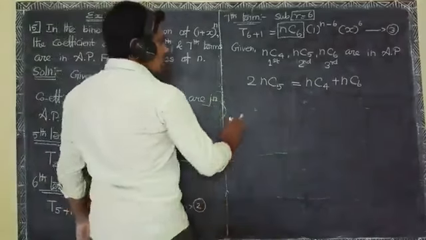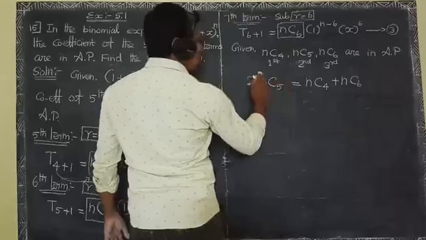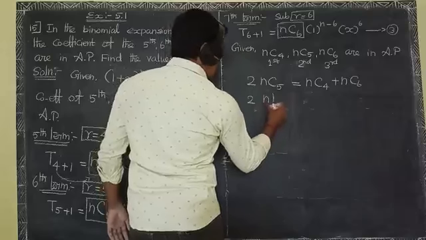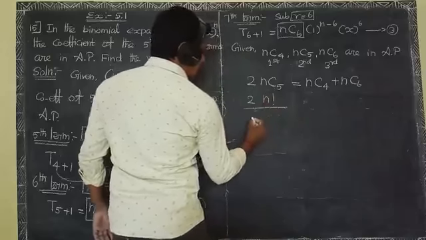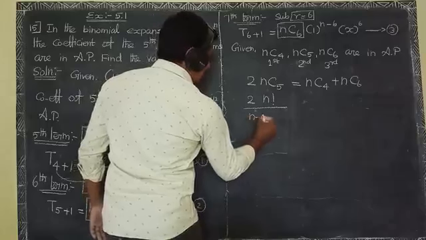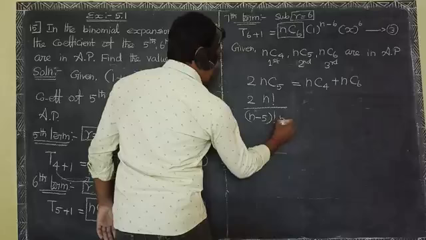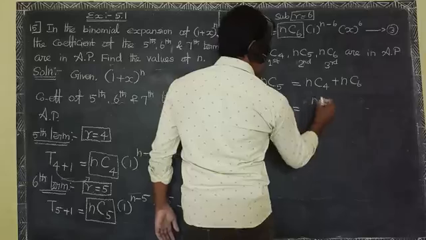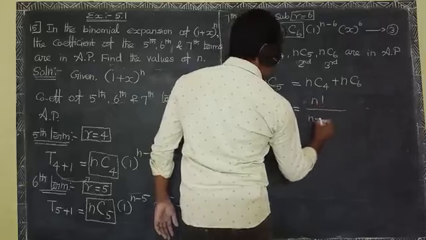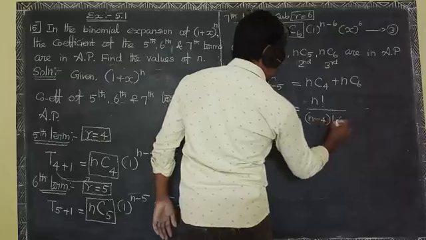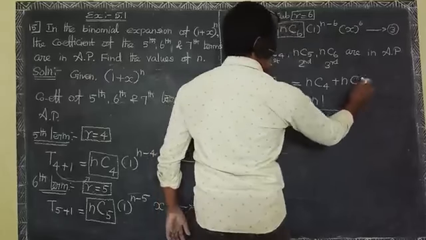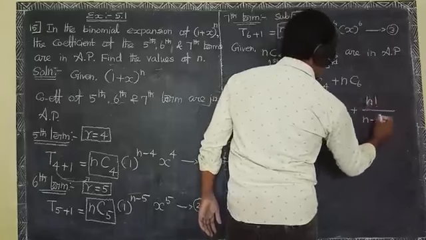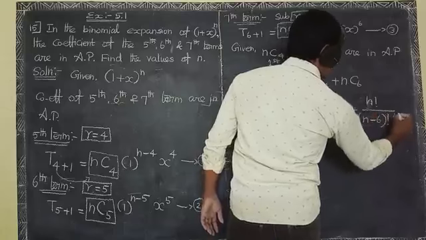Using the combination formula, 2 times nC5 is 2 times n factorial divided by (n minus 5) factorial into 5 factorial, which is equal to nC4, n factorial divided by (n minus 4) factorial into 4 factorial, plus nC6, n factorial divided by (n minus 6) factorial into 6 factorial.